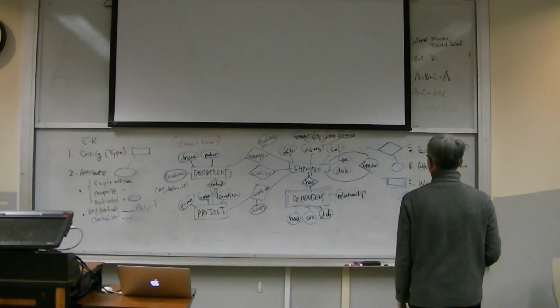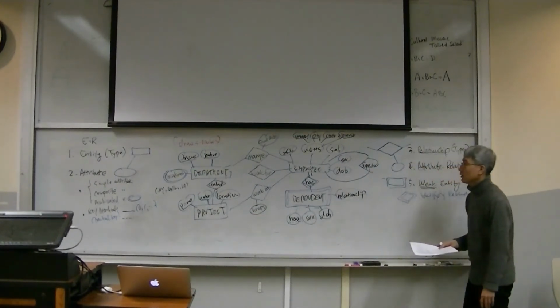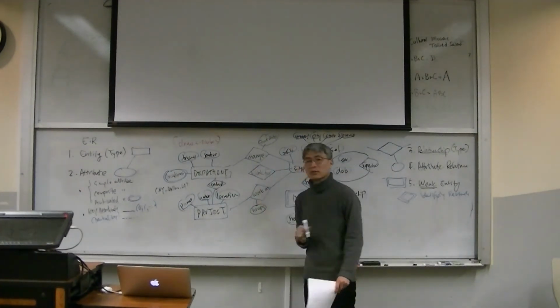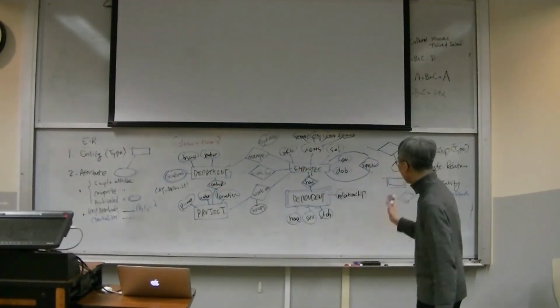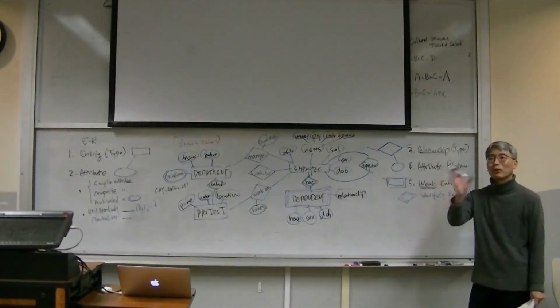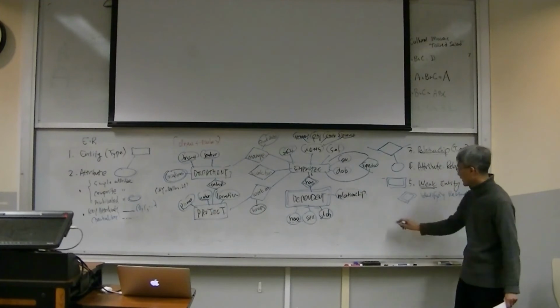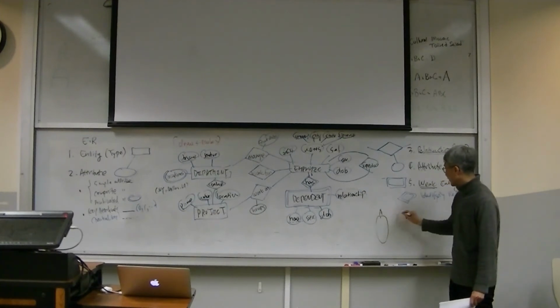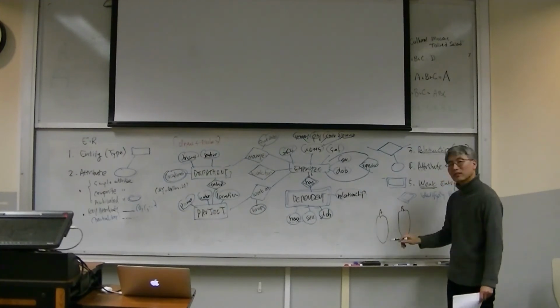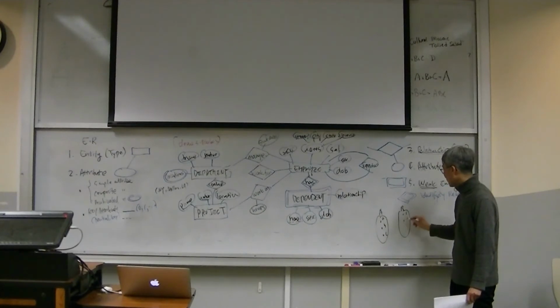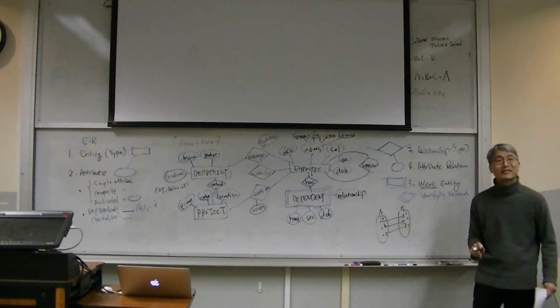Then there are several more minor things. It's not minor, it's important also. Let's take a look at this one, relationship. Let's go back to your elementary school math class. Do you remember? A, B, C, 1, 2, 3. Like this one.